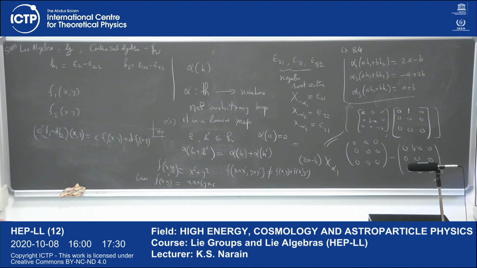So we can do it vice versa? We can map from H to R, right? Yeah, we can think of it as a dual vector space? Yeah, exactly.